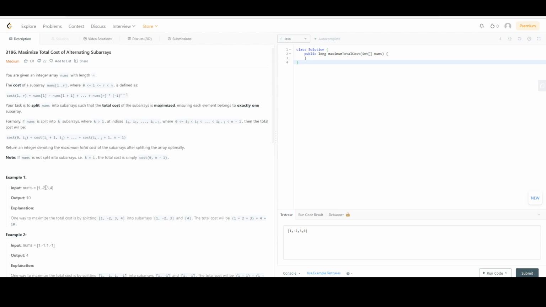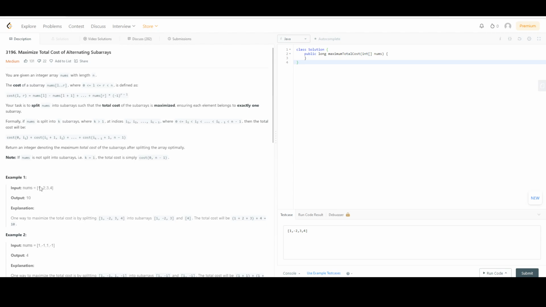Similarly, if I go to -2, I can flip it or avoid flipping. If I am flipping it, I have to consider the previous answer as not flipping. But if it is not flipping, there are two choices: I can choose flipping also, or not flipping also.